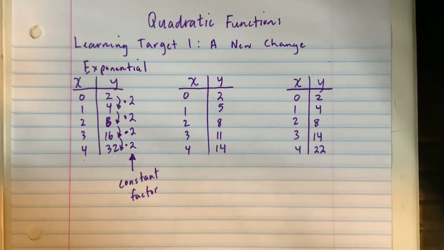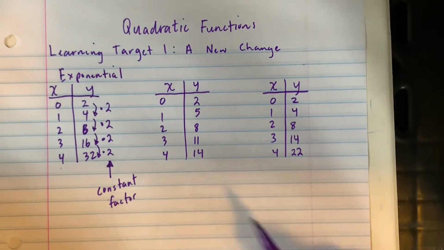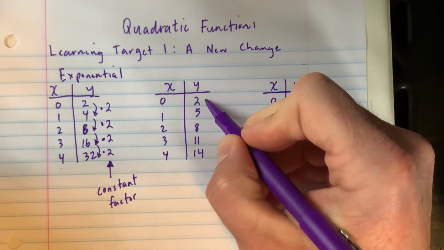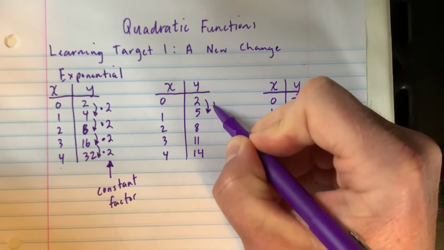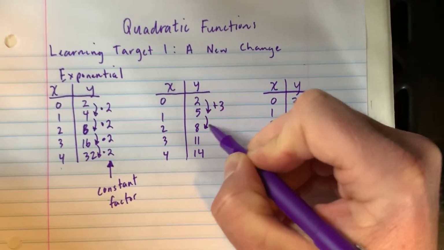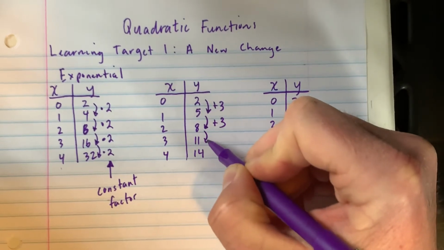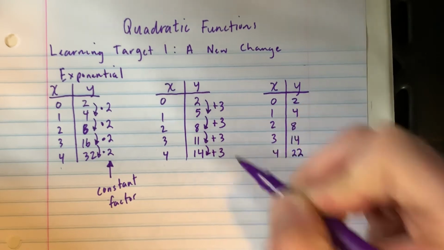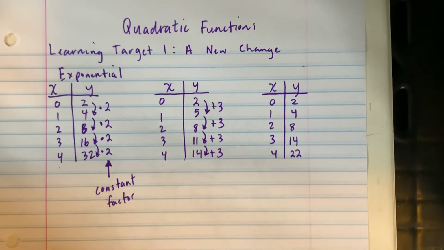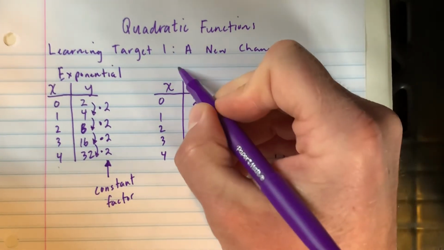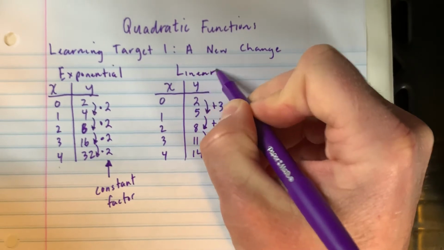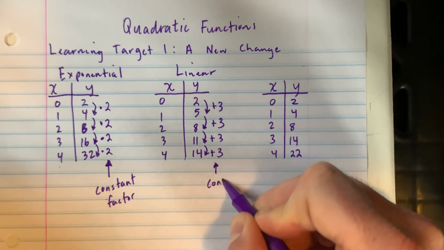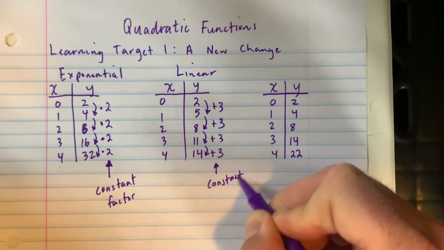All right, and looking at our second table here, as our x's or inputs increase by 1, we can see that our outputs are increasing not by a constant factor, but by a constant difference or constant change. We know that's linear when it's growing by a constant rate. I'm just going to go ahead and call that a constant change.